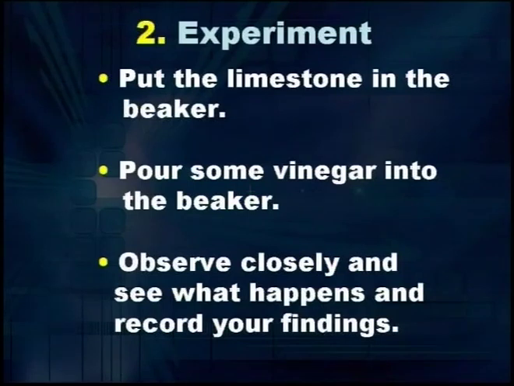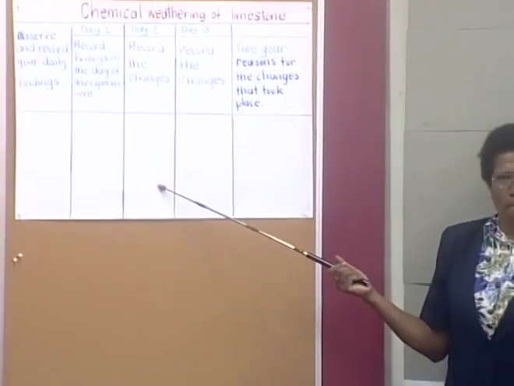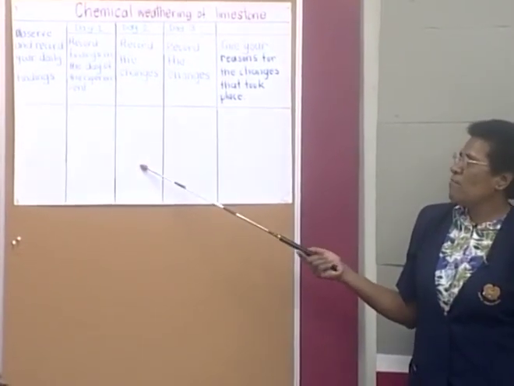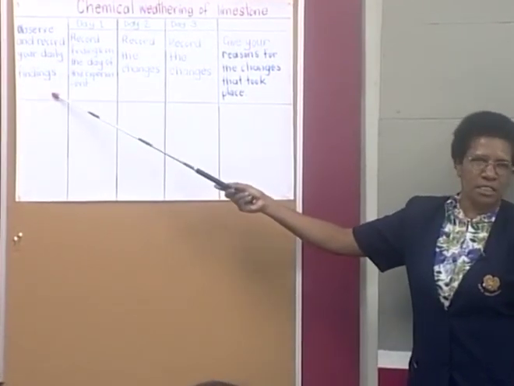Okay, so I will have the class and the receiving students go on with that activity. It's a very short activity. Receiving teachers, the model class have the worksheets with them. But if you don't have the worksheets, you should have a table like this, where it says observe and record your daily findings.